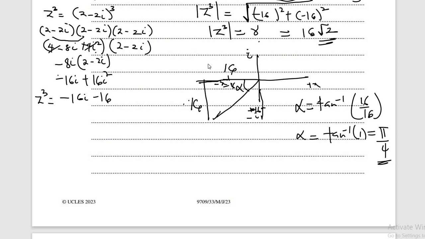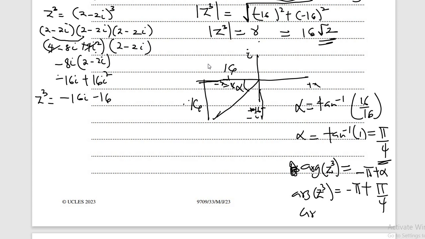Now, each quadrant has its own formula. To find the argument of z cubed in this quadrant, the formula is minus pi plus alpha. So the argument in this quadrant will be minus pi plus alpha, where alpha is pi over 4.